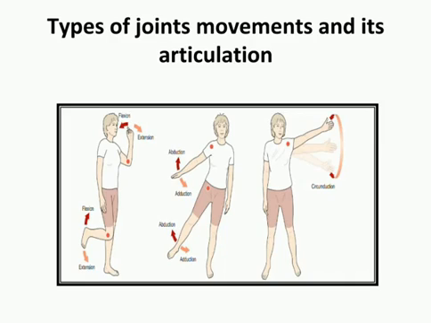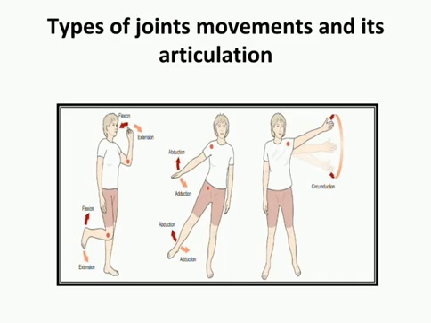In the second image you can see abduction and adduction. Abduction is moving away from the midline of the body, and adduction is moving towards the midline of the body. The midline is the line which divides an individual into two equal parts from the center vertically.